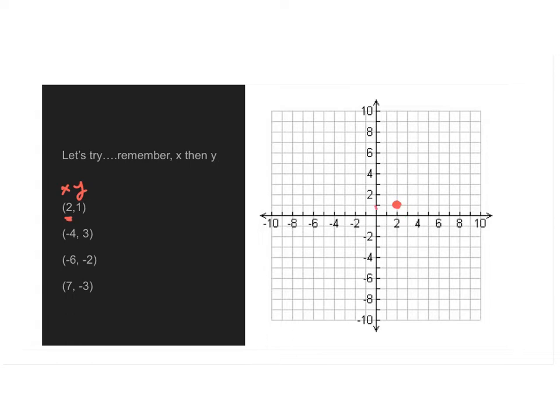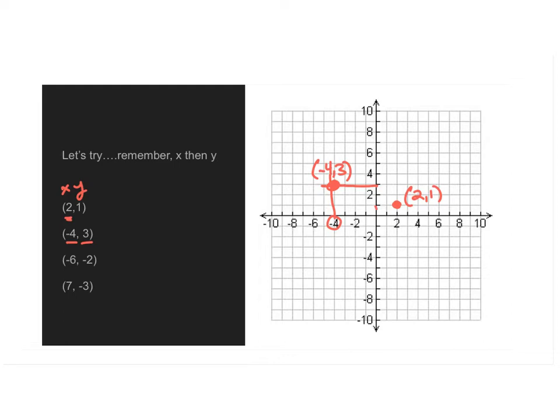And that is the point 2, 1. Okay. The next one is negative 4 and 3. So on our x-axis, we're going to go to negative 4 and then positive 3. They intersect at that point. Okay, so this is point negative 4, 3.